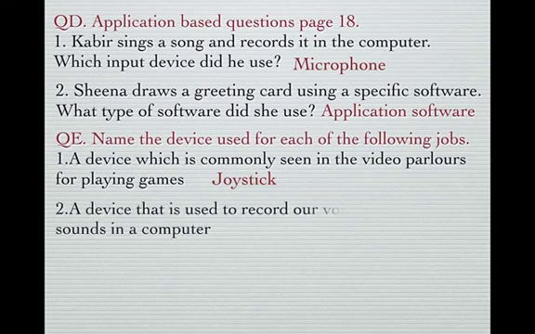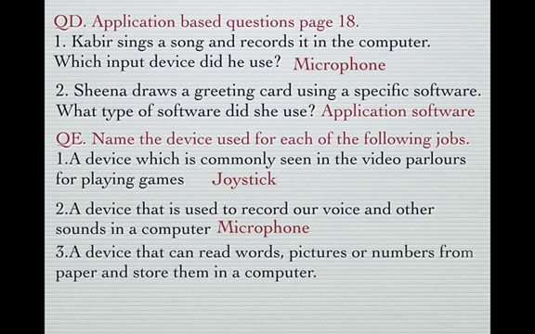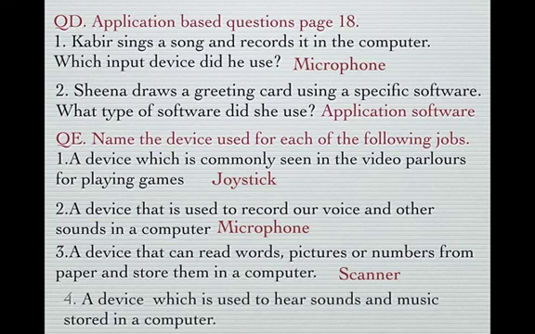Which device is used to record our voice and other sound? That is microphone. A device that can read words, pictures or number from paper and store them in a computer. That is nothing but scanner. Number 4, a device which is used to hear sound and music stored in a computer. Which is that device? That is speaker.